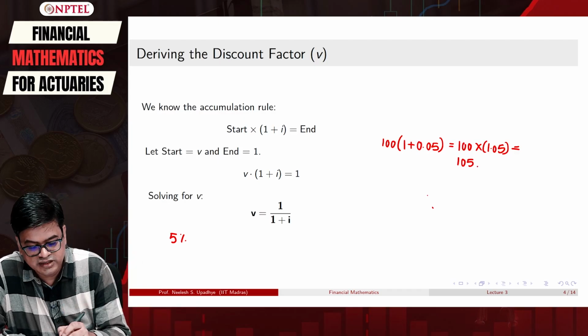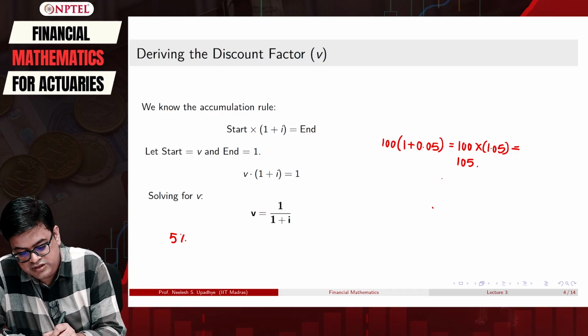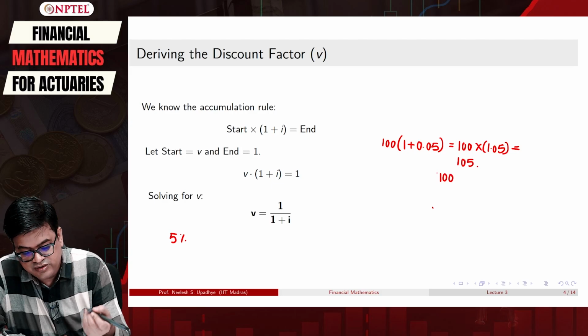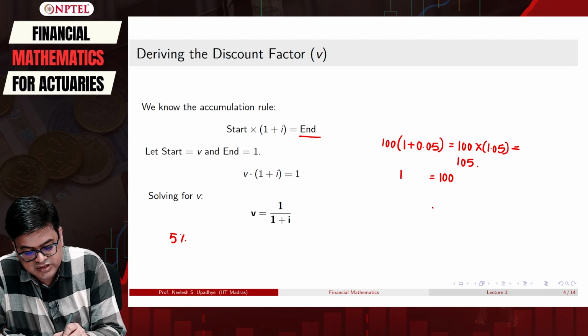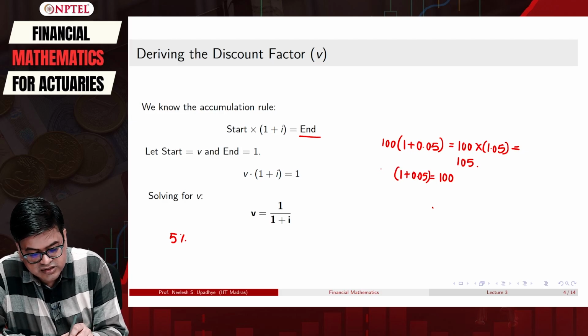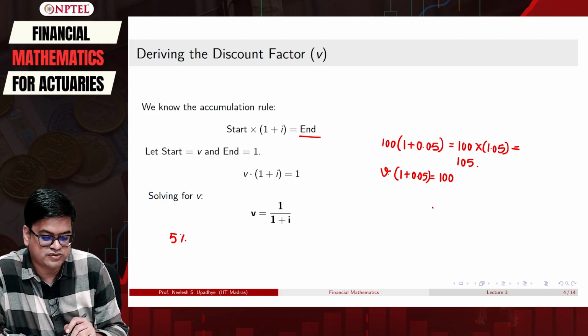Now you are asking a different question. Suppose I don't know how much to invest. I have the end goal in my mind, that is 100, and now I am asking you how much shall I invest in. I have something like 0.05, and then I am asking what is the value V that I should invest.